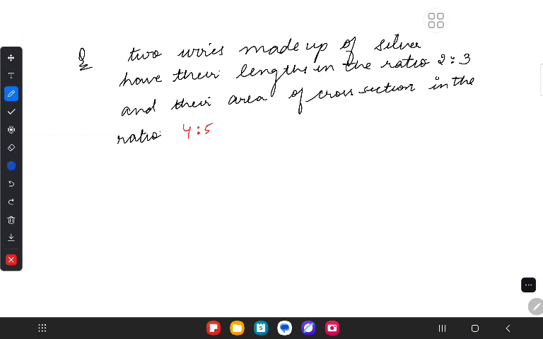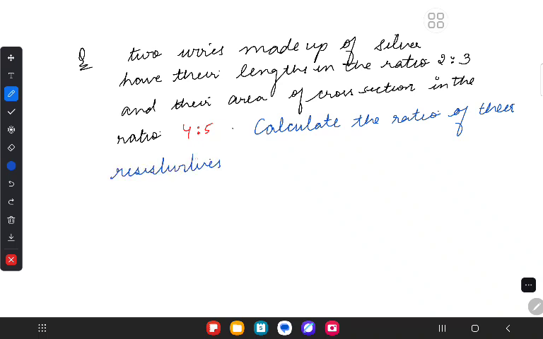Are we understanding? Yes, ma'am. The question says calculate the ratio of the resistivities. So what is the ratio of the resistivity?